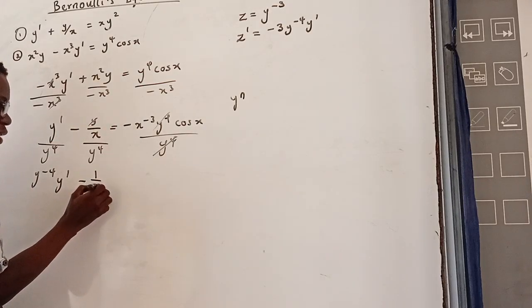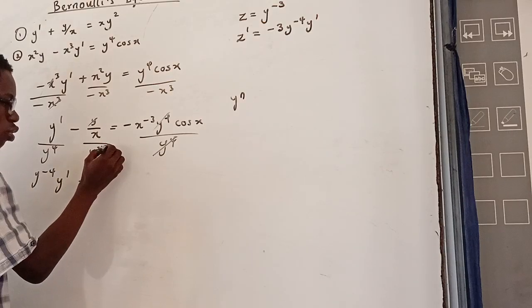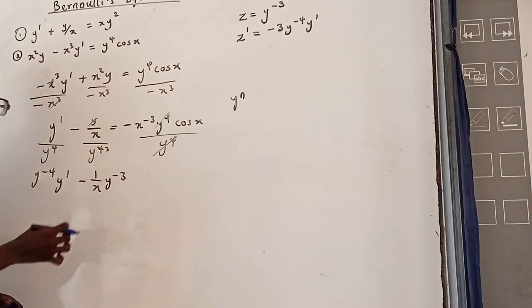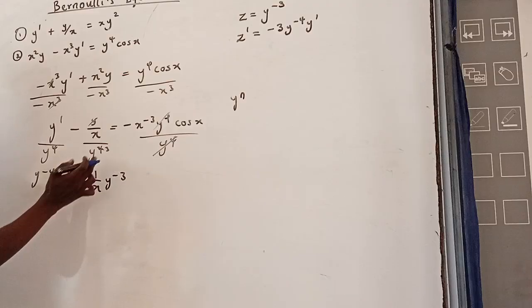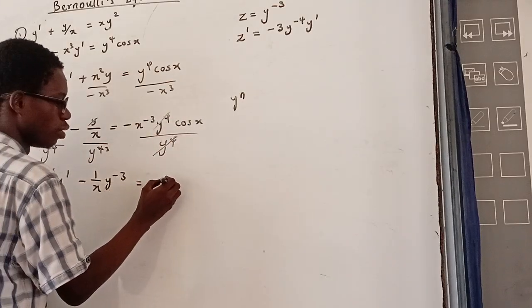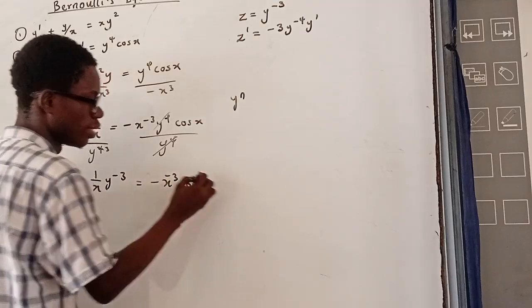This 1 over x, please. 1 over x. So this one will become y to the minus 3. I'm bringing it up. 1 over x y minus 3 equals, I cancel out minus 4 on both sides, minus x cubed, x to the minus 3 cos x.